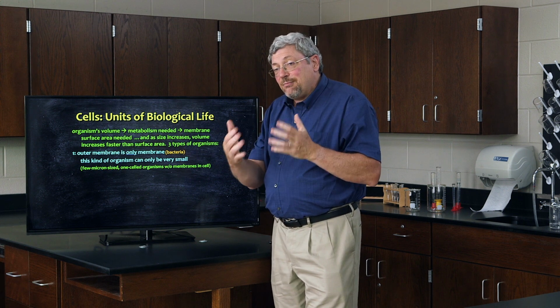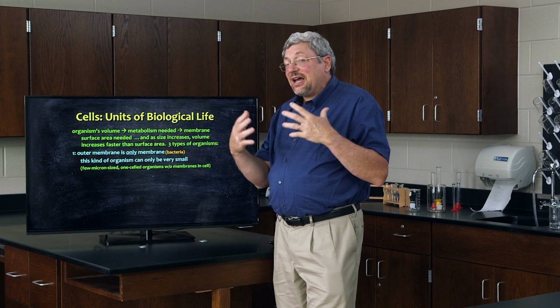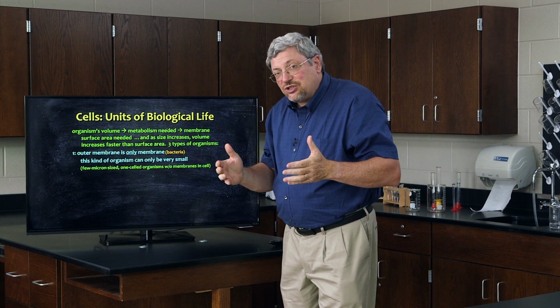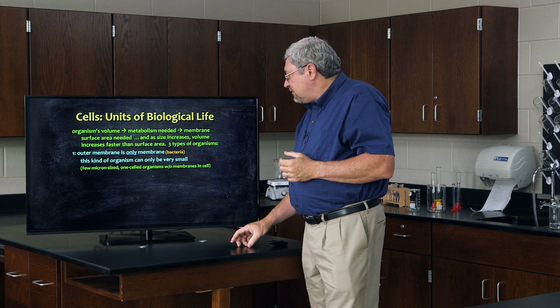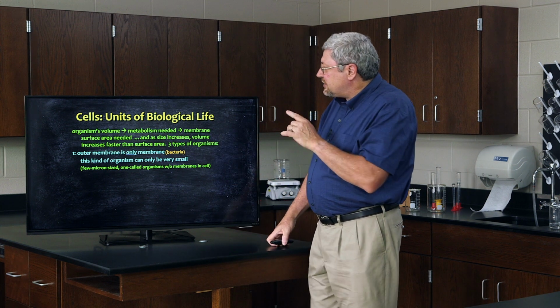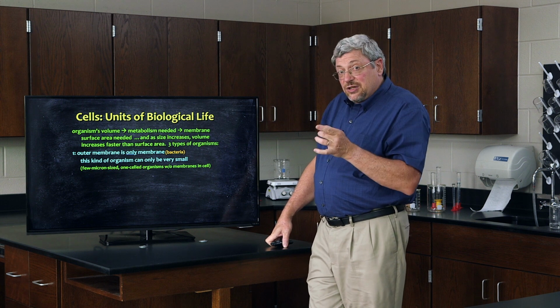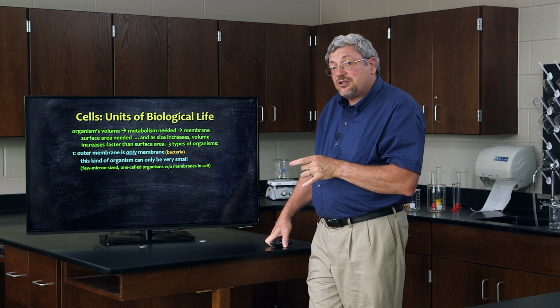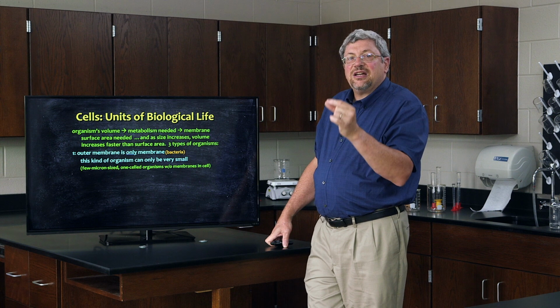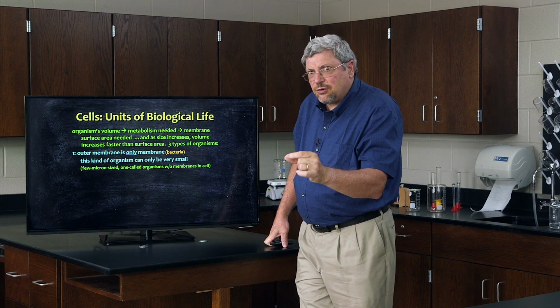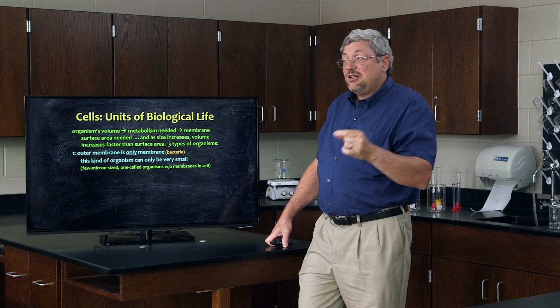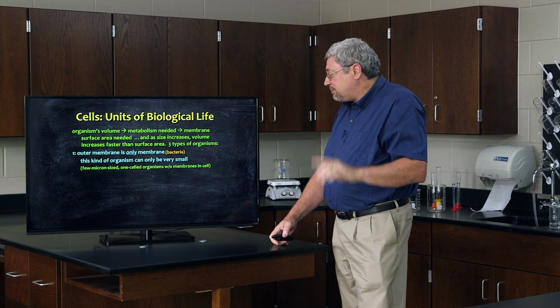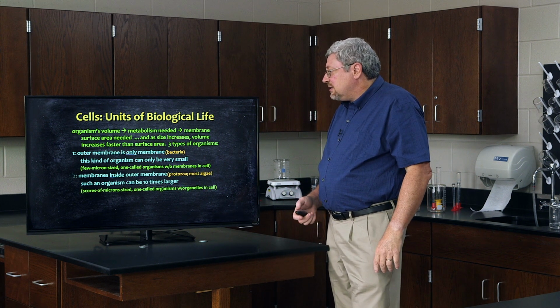Once they get to that maximum size, they cannot exceed that because they don't have enough molecular machinery, surface area, to supply the needs of the cell. So these kinds of organisms, bacteria, are extremely small. They are only the size of microns, really, a micron or 2 in size, 1/1,000,000th of a meter in size. If they get any bigger than that, they can't supply their own needs.